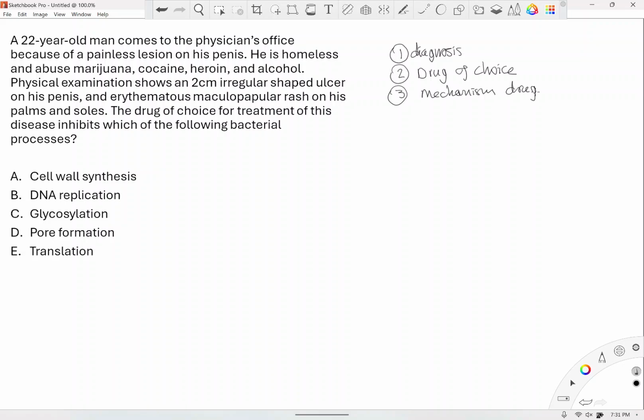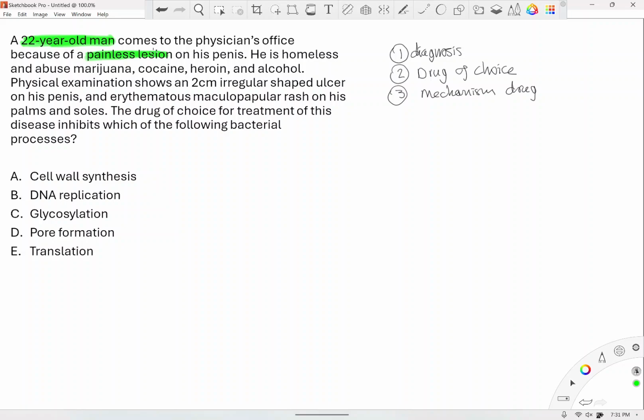Okay, so number one, let's identify this disease. Let me highlight some of the things that are in the question that would help us. Whenever it comes to infectious disease, especially like this sounds like STD, I always look for age. This is usually going to happen in young people. He comes to the physician office for painless lesion.